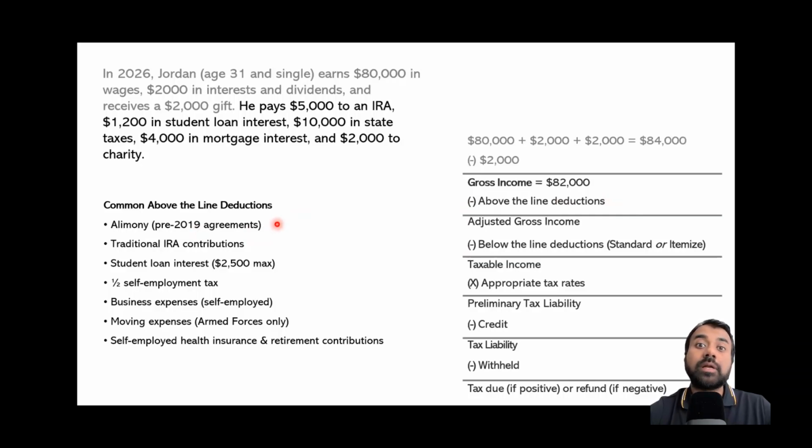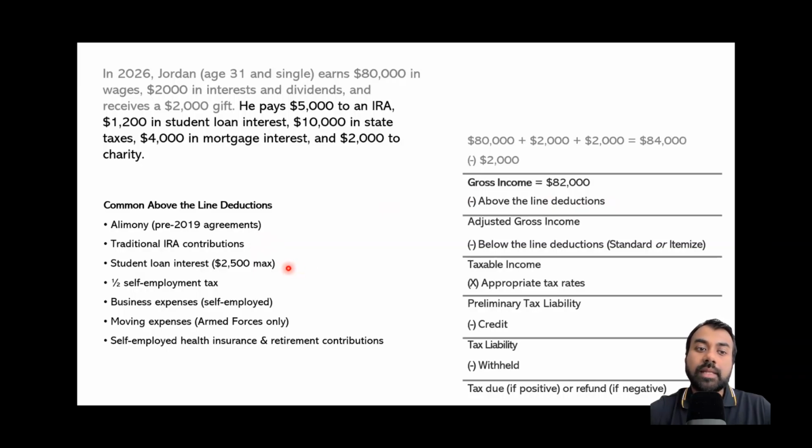And we'll have a separate lecture on that. So we'll discuss more about alimony in a future video. Next, we have traditional IRA contributions. If you are contributing to your IRA, then under certain circumstances, those contributions can be above the line deductions as well. Again, I'm going to discuss more about that in another video.